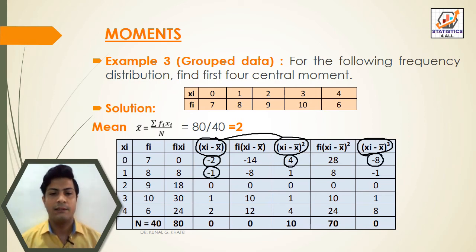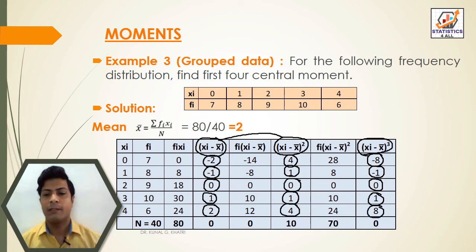Minus 1 into 1 is equal to minus 1. Then 0 into 0 is equal to 0. 1 into 1 is equal to 1. Then 2 into 4 is equal to 8. So after multiplying all the values, the sum of (xi minus x bar) whole cube is equal to 0.